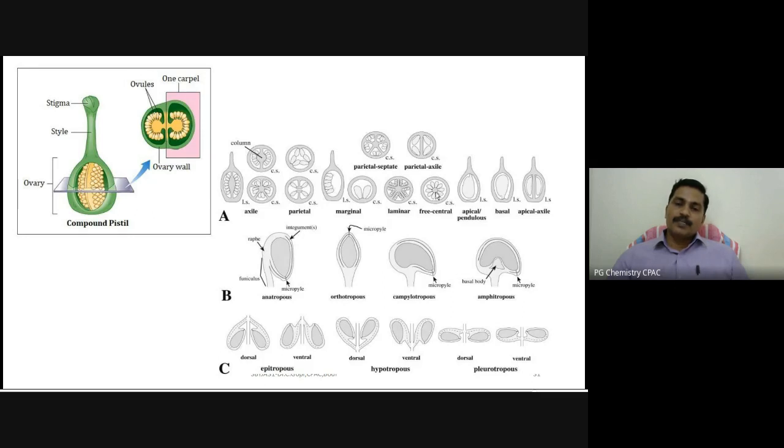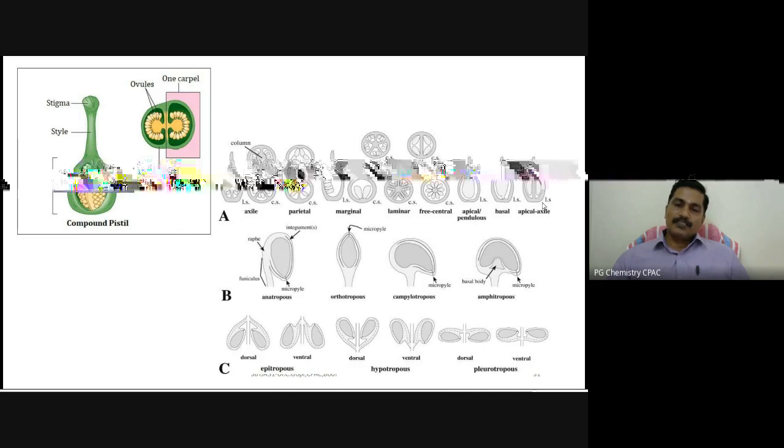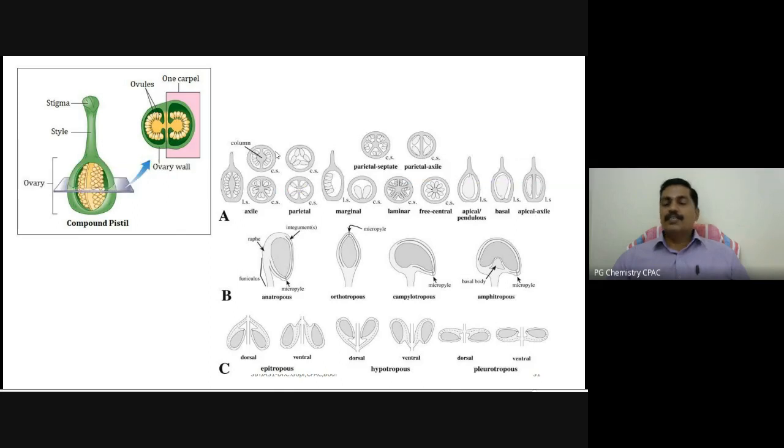Sometimes free central placentation, and apical or pendulous placentation, basal placentation, and if attached at the top, apical placentation. All those things are seen in the arrangement of ovules in the ovary.